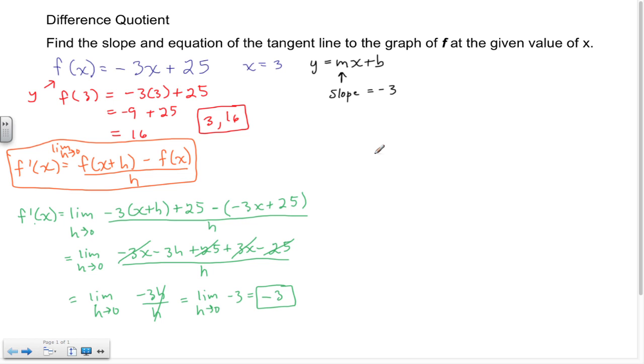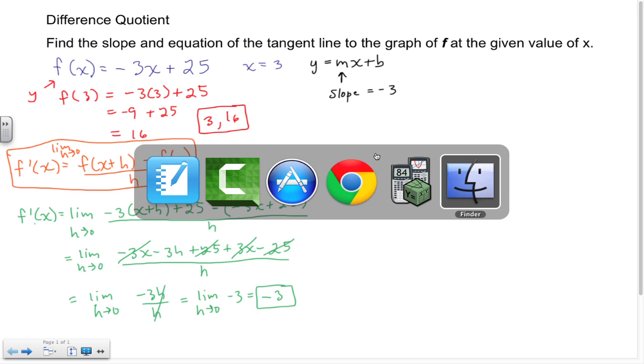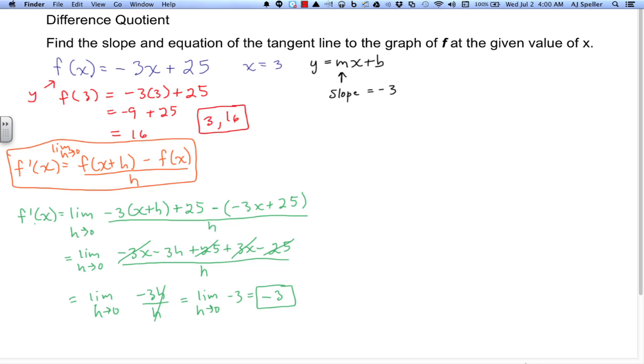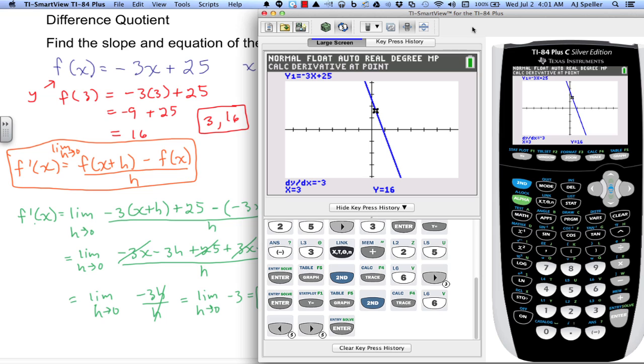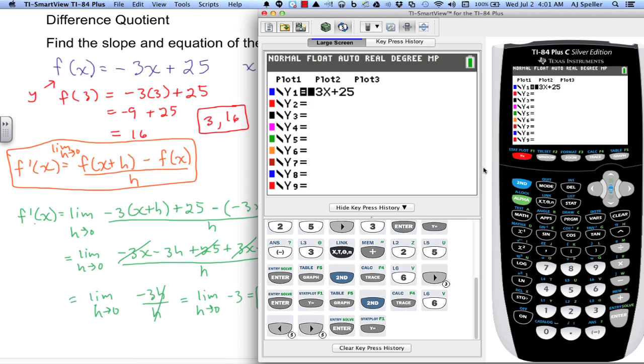Let's quickly call up the calculator. I've already done the work, but I want you to take a look at it. Here on the calculator, we'll notice that I've already graphed the function y equals negative 3x plus 25, and I've found that the derivative at x equals 3 gives me negative 3. Let me quickly re-show you how to do that. You press y equals to put in the function.